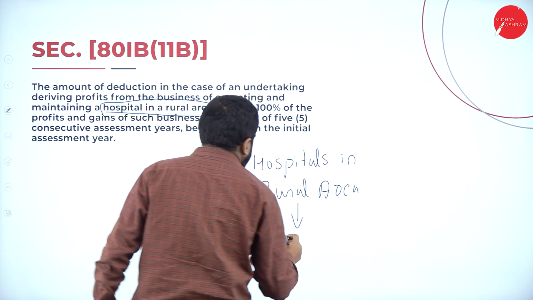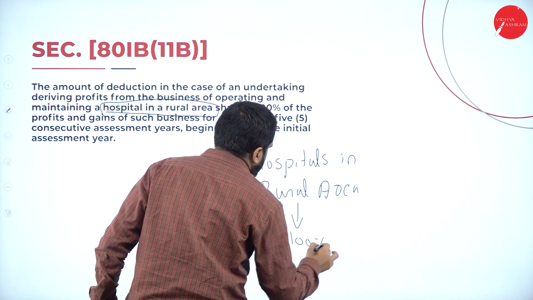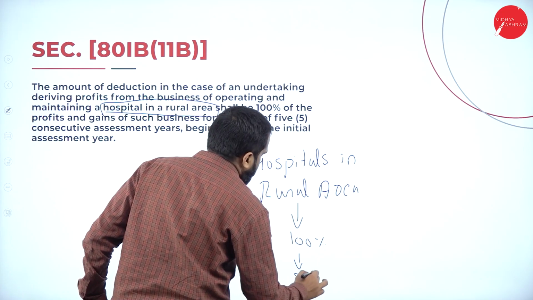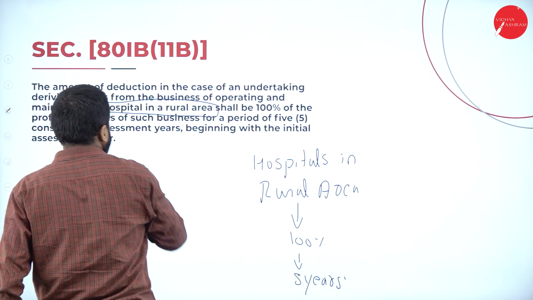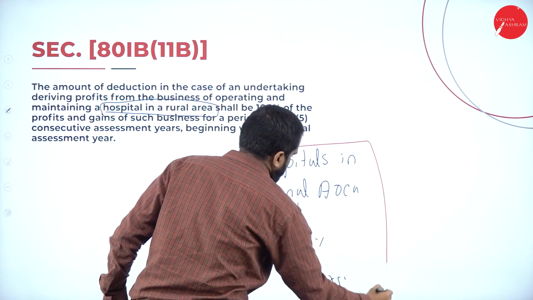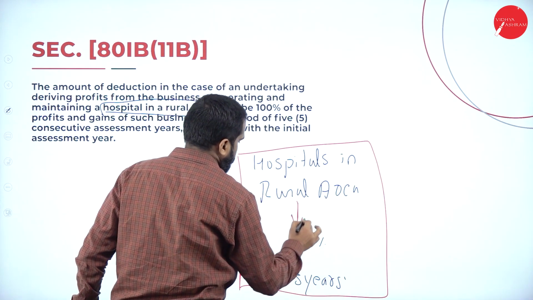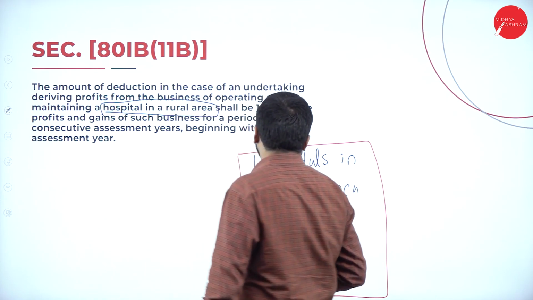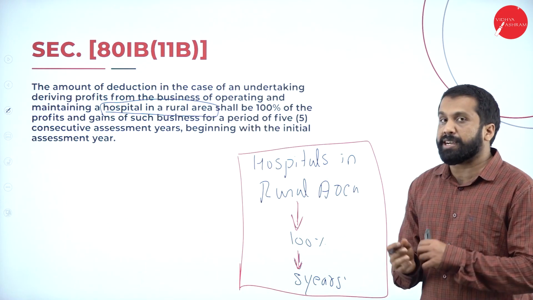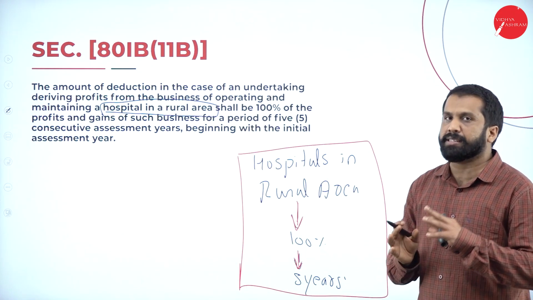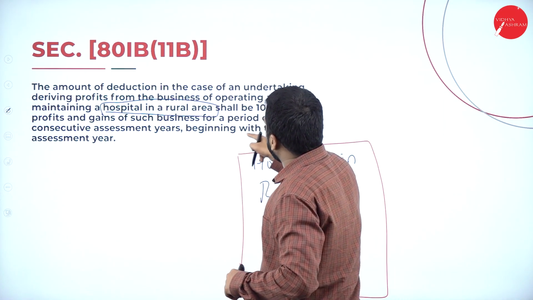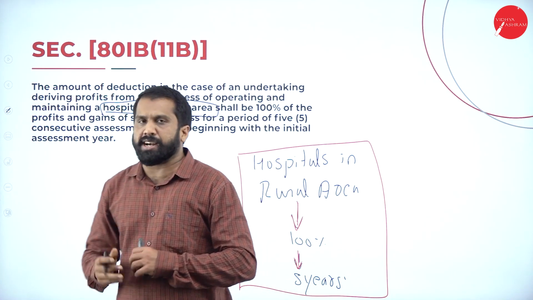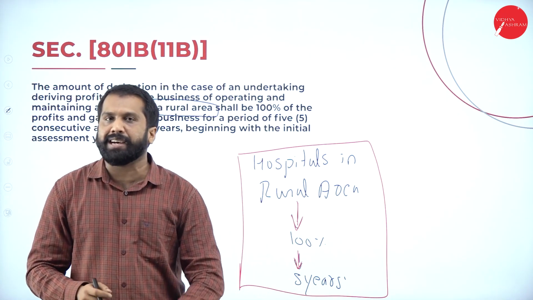How much is it? 100% and 5 years. Remember this. Any hospitals constructed or built in rural areas get 5 consecutive assessment years beginning with the initial assessment year.